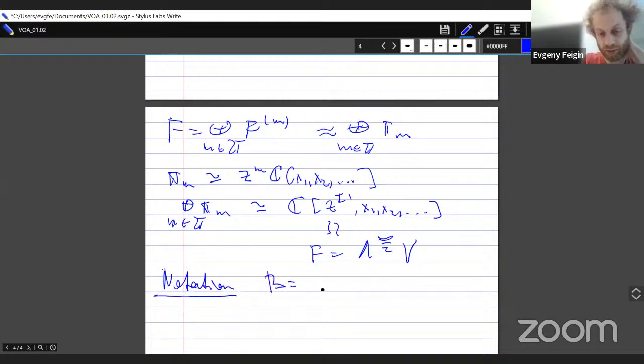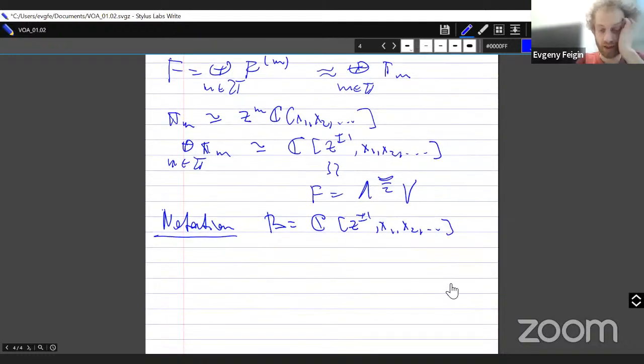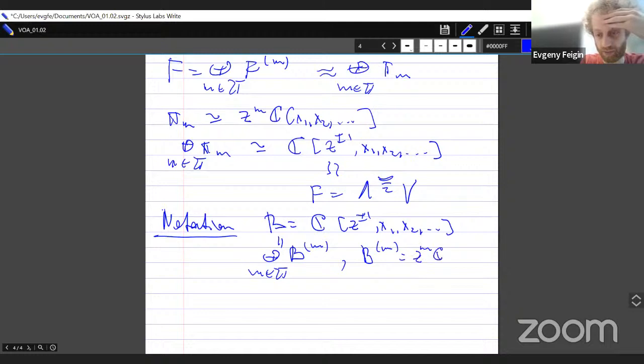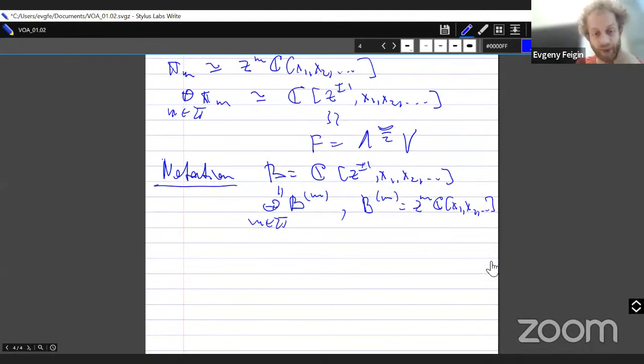So B is going to be this ℂ[z^{±1}, x1, x2, ...]. So this is our B, and this is the direct sum of B_m, where B_m is z^m times this ring of polynomials.